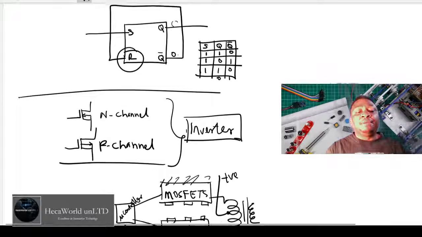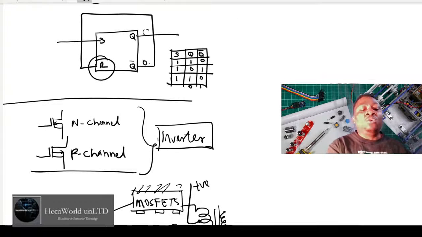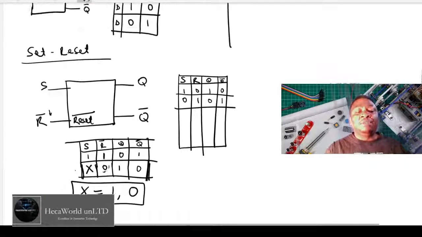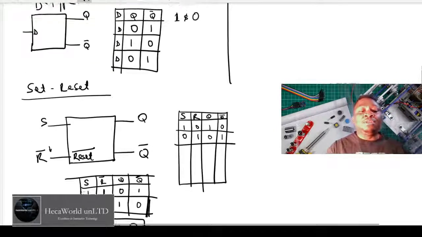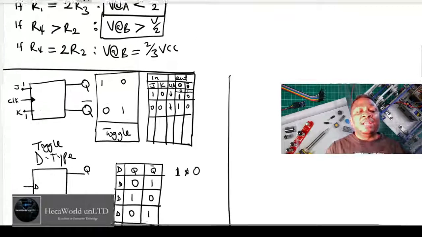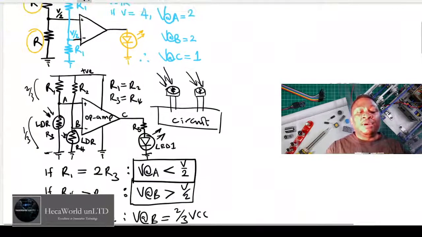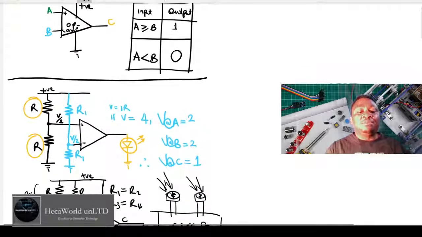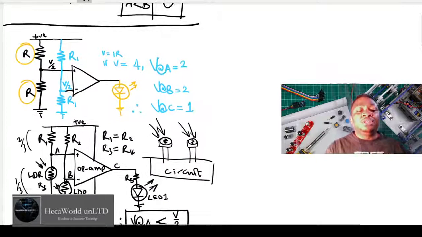We did an older video on MOSFETs, but we're going to do more, so don't worry about that. We talked about flip-flops when we talked about 555 timers, so you have an idea, but we'll add a little more. We also talked about op-amps and comparators when we talked about 555 timers, but this is a little more for you.